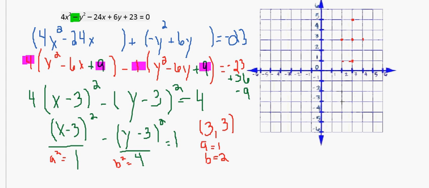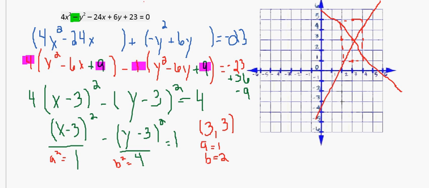And remember, on hyperbolas, we make a box. So I'm going to go ahead and make a box. And then draw in my asymptotes. And the asymptotes go corner to center to corner, corner of the box, through the center, corner of the box.